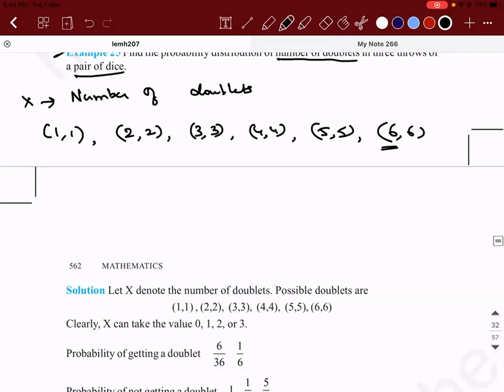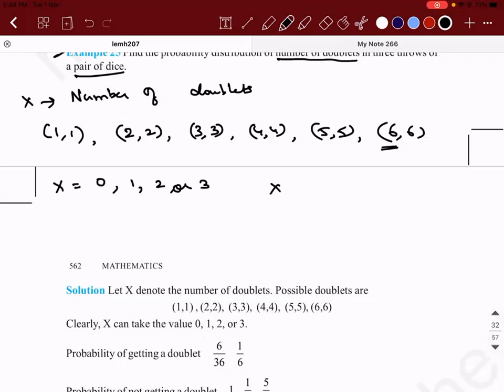So what can X take? 0, 1, 2, 3, because 3 times you're throwing it.